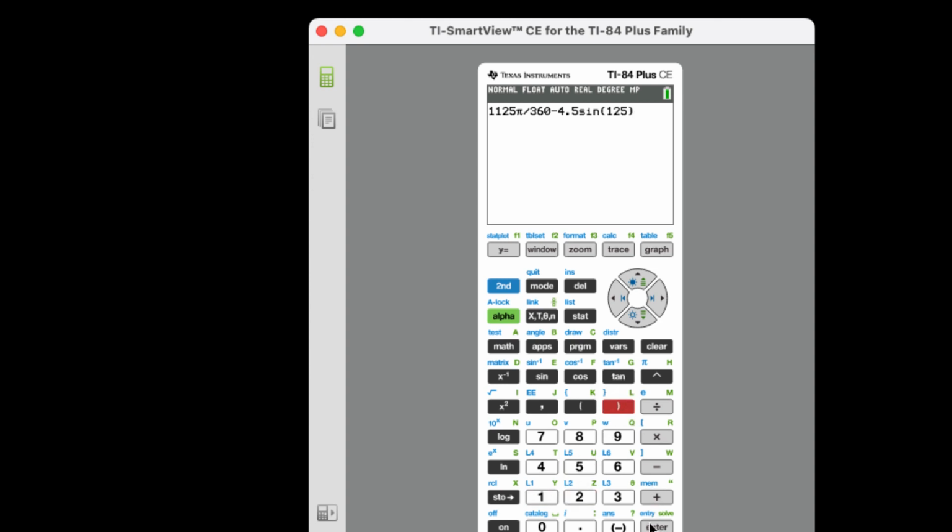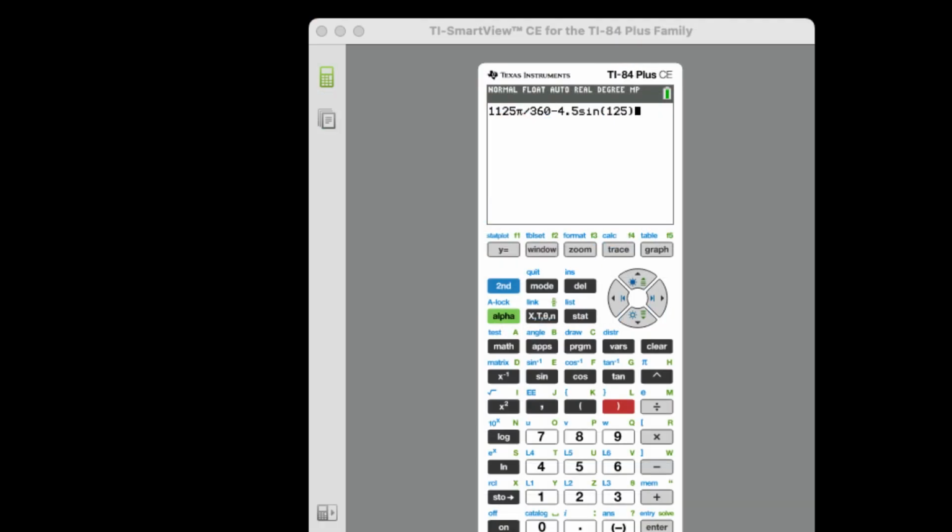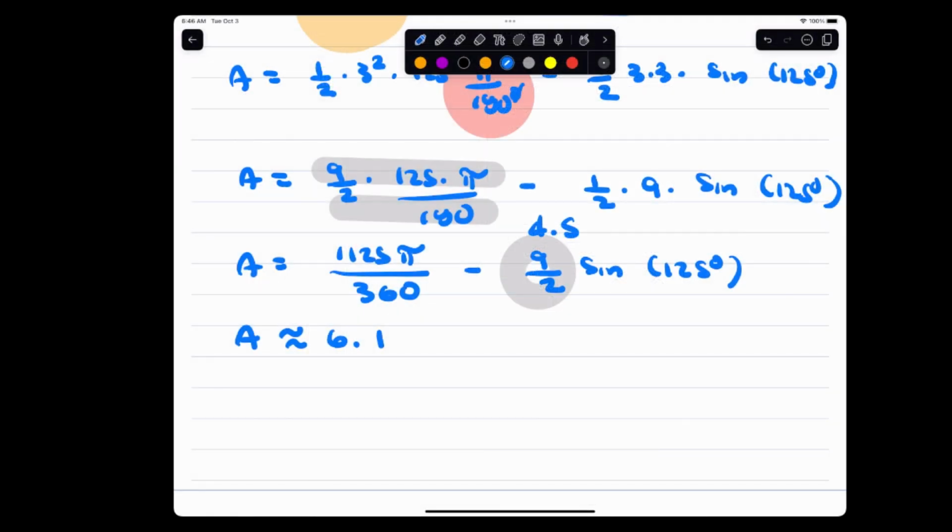So I entered everything you have here, but what I also said in the calculator was, I know what 9/2 is. 4 point what? 5. This is what's in my calculator. So let's hit enter. And what do we get? 6.1. If we go to the tenths, I like going to the tenths. 6.1 what? Square inches, ladies and gentlemen.